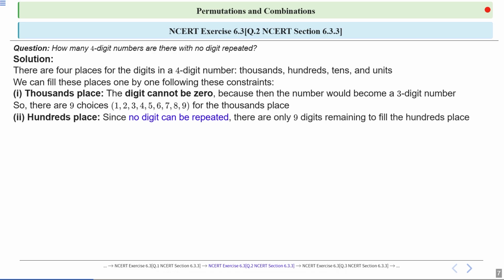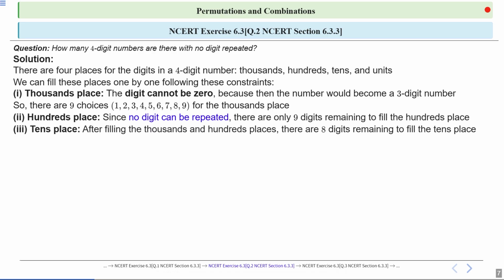Now moving to the hundreds place. We must remember that no digit can be repeated. Since one digit is already used in the thousands place, we now have 9 remaining choices for the hundreds place.